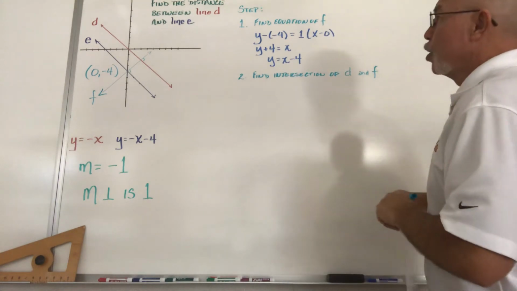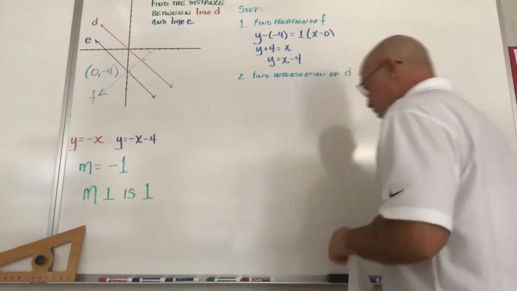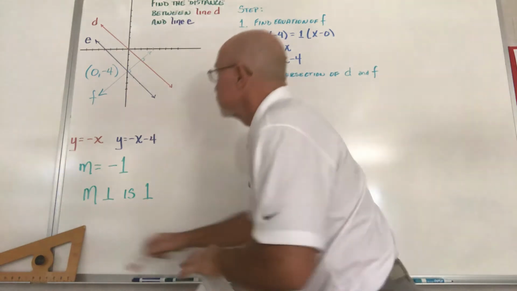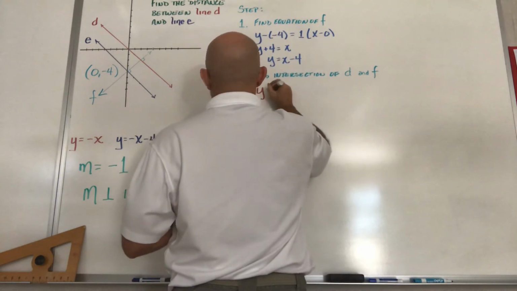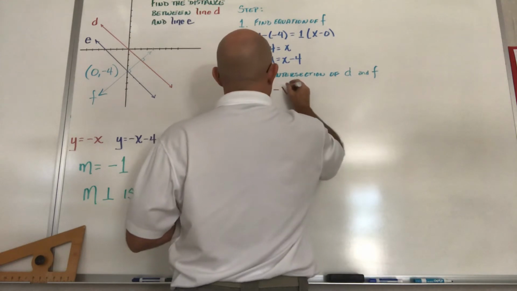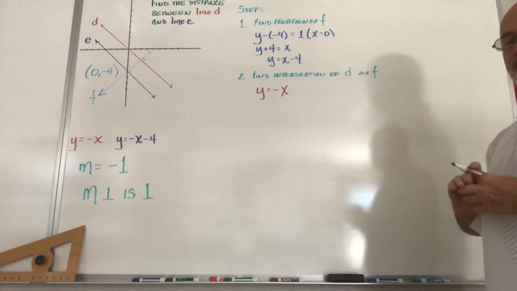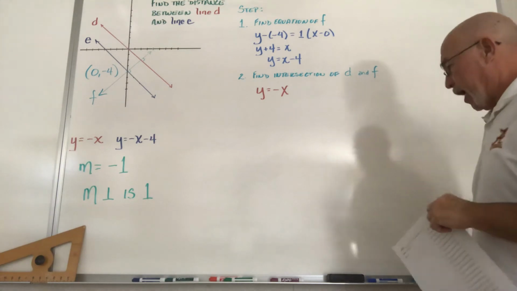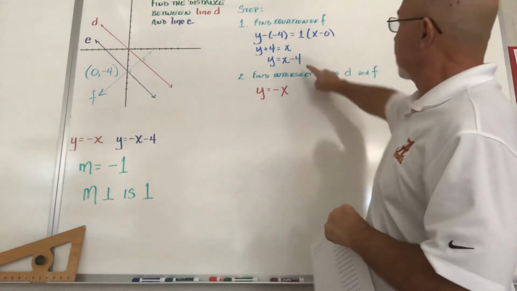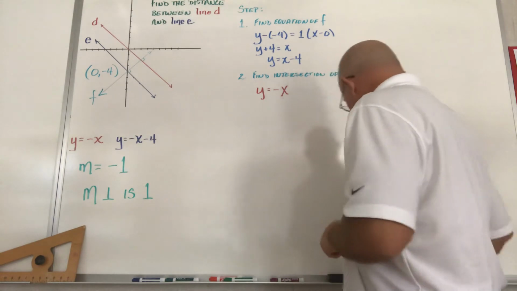Okay, we know that line D is that. Okay, and we know that that is line F right there.